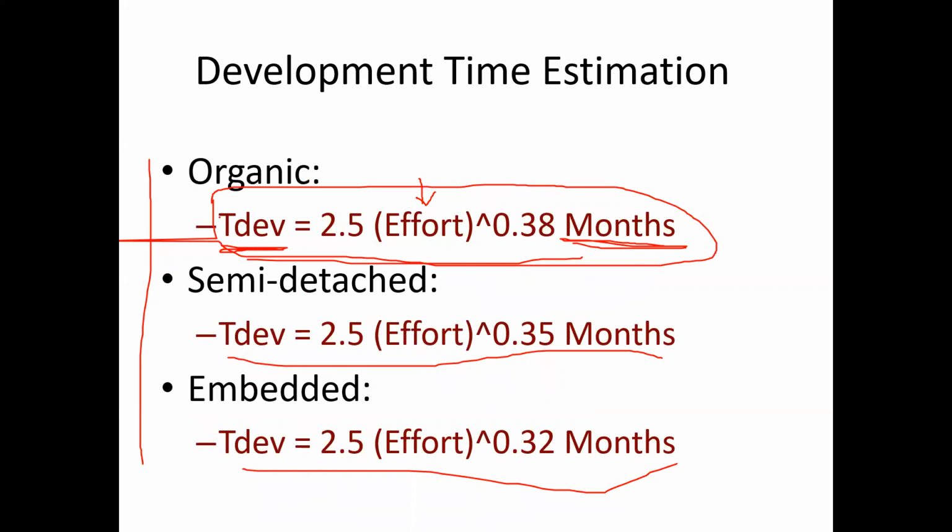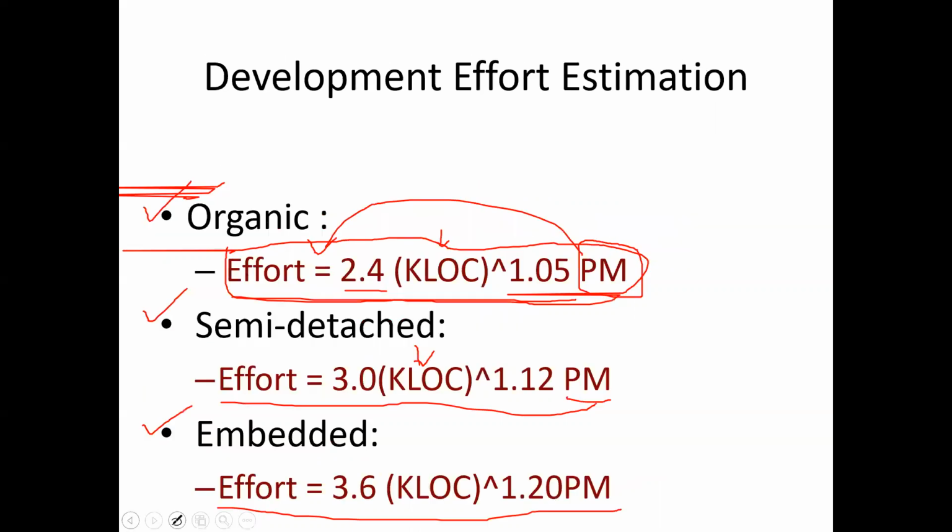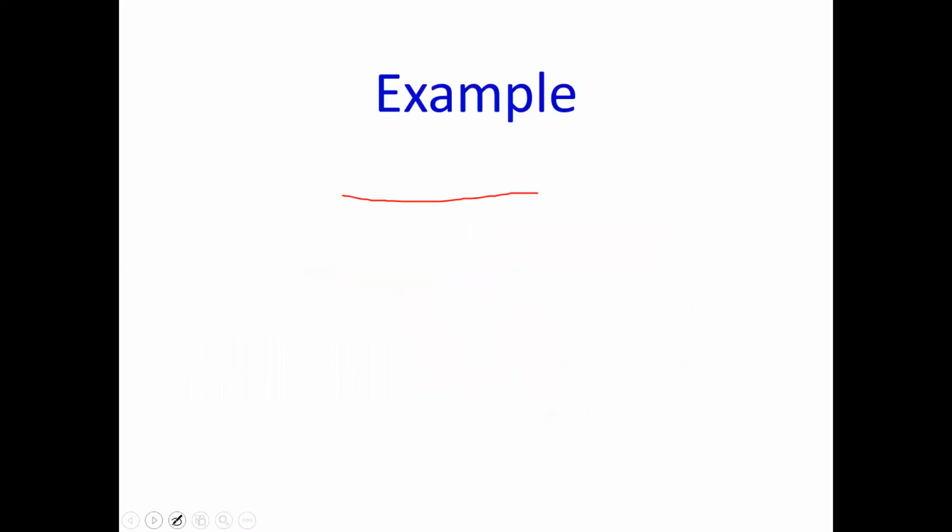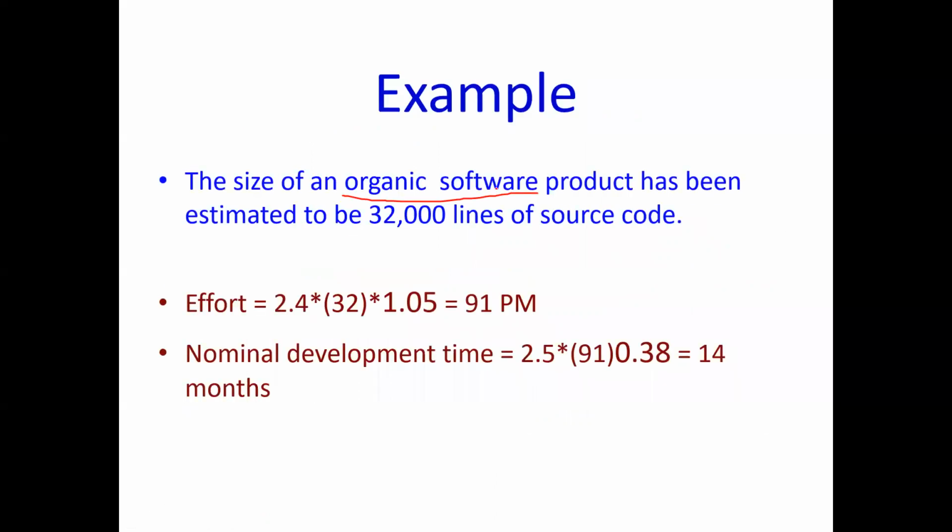Okay, that's why organic. So now see, in this particular example they have told organic software, and the lines of code also they have told: 32,000. 32,000 is your lines of code. So what is the value of KLOC?